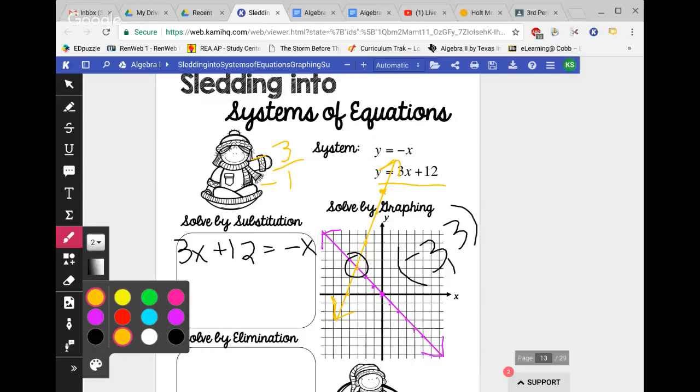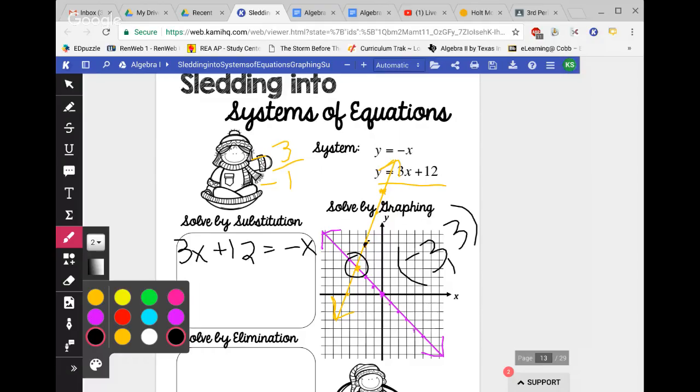So let's look at -3, 3 right here, where they intersect. If I go up 3 and right 1, I hit that line. And then if I go up 3 and go over, I kind of hit that point. If I go up 3, I'm moving toward that point. Does that make sense?